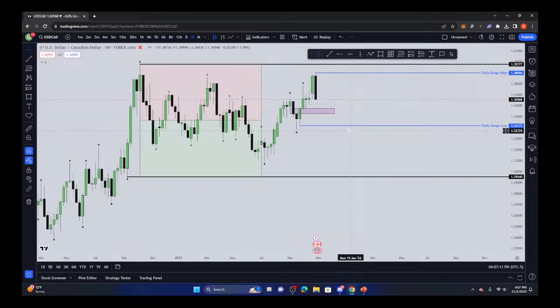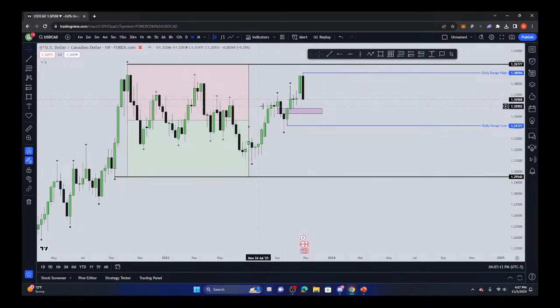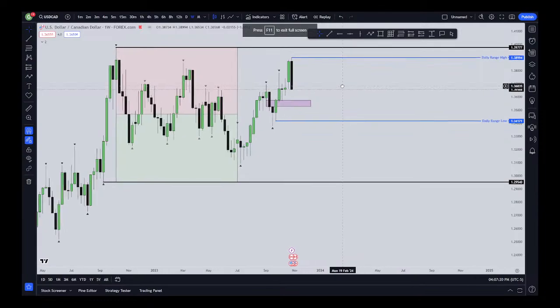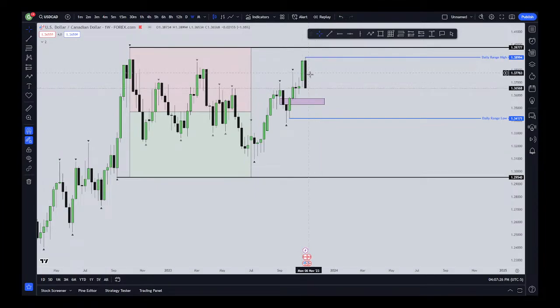So I'm anticipating that price is still likely to target this high right here. Okay, but before it does that, since it ran lower, it's obviously trying to accumulate more orders before it makes its ultimate move higher to take out this weekly range high.